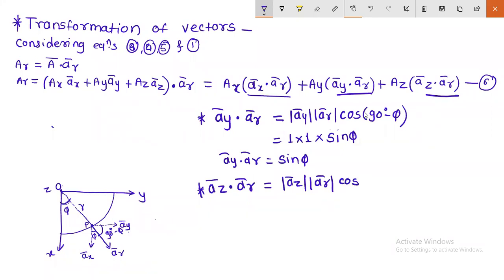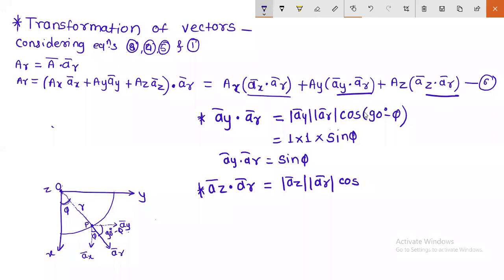Here r is the radius of the cylinder, and z is the vertical axis, which is perpendicular to the x-axis and y-axis. So tell me what will be the angle between z and r.